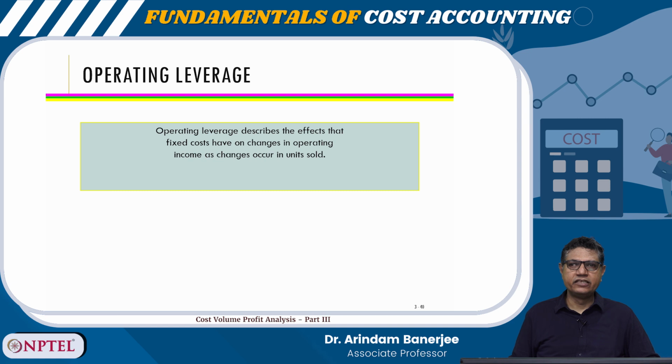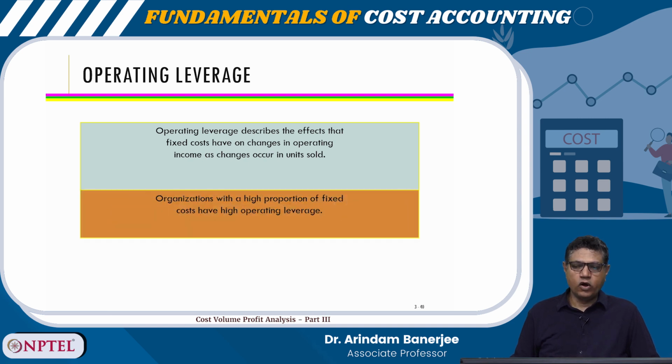Operating leverage describes the effects that fixed costs have on changes in operating income as changes occur in units sold. Organizations with a high proportion of fixed costs have high operating leverage. If the fixed cost proportion is high in the cost structure, the operating leverage will also be high.